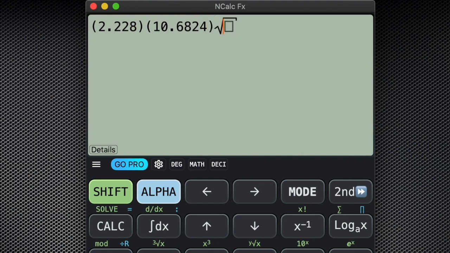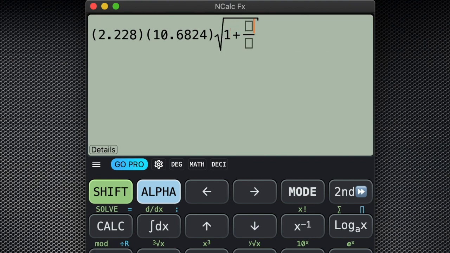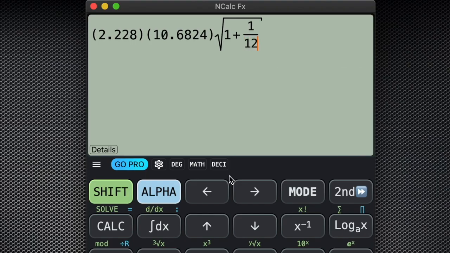Then the square root. Before the fraction, we have a 1. 1 plus the fraction 1 over 12.